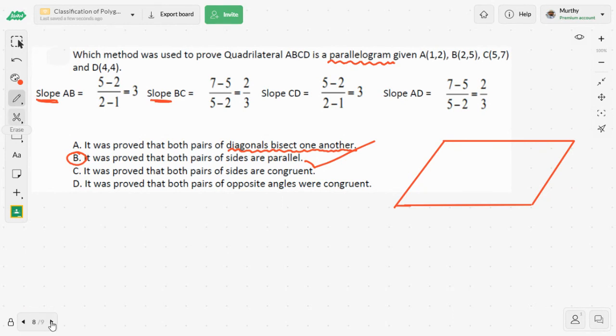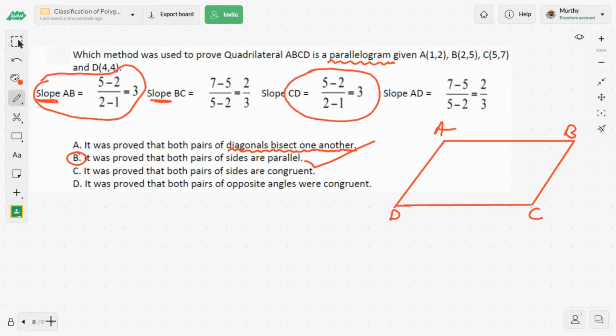Do you remember earlier, maybe in the beginning of the year, you learned that if the slopes are equal, then the lines are parallel? Here I see that slope AB is given as 3, and slope CD, which is the opposite side.